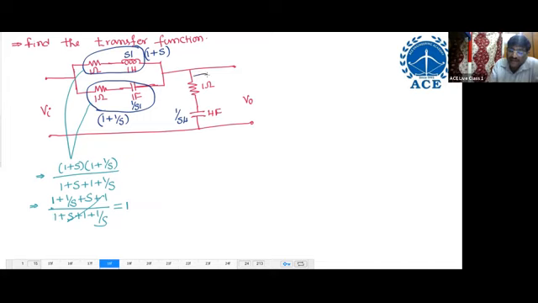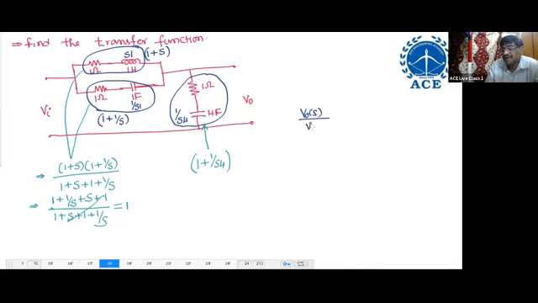Now find the series combination below: 1 plus 1 by SC, where C is 4, so 1 plus 1 by 4S. Now find the transfer function.